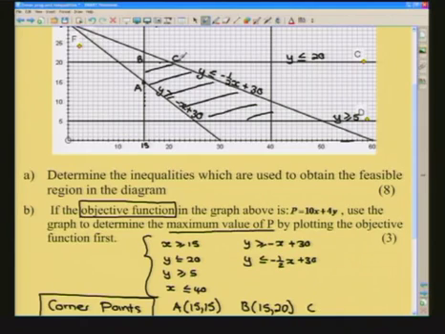Your C, at least you know your Y value is definitely 20. Let's figure out your X value. That's 15, 16, 17, 18, 19, 20. That's 20. Let's look at our D, which I'm going to put down here. The X value is 40, and that's 6, 7, 8, 9, 10.